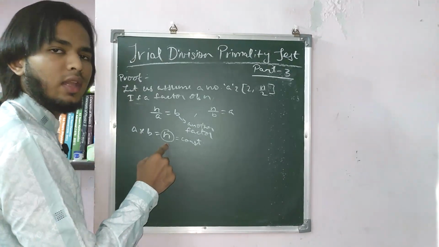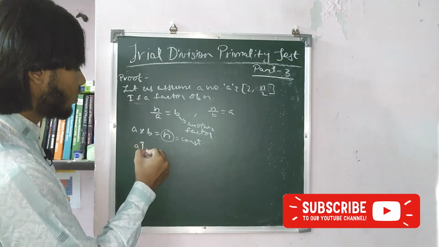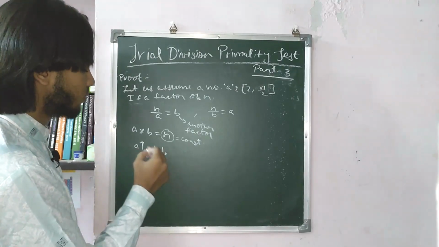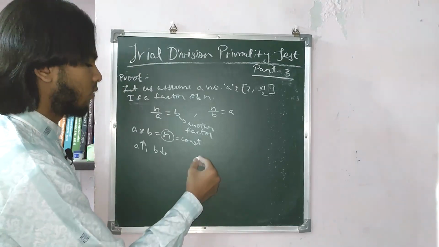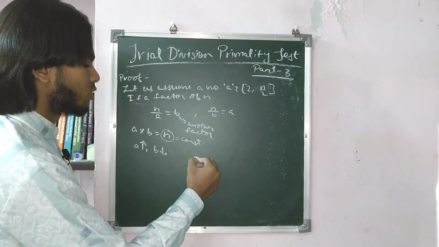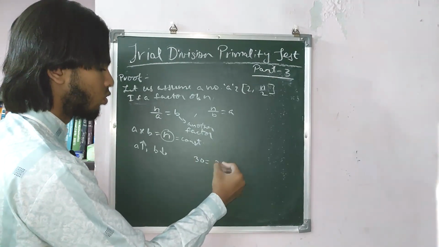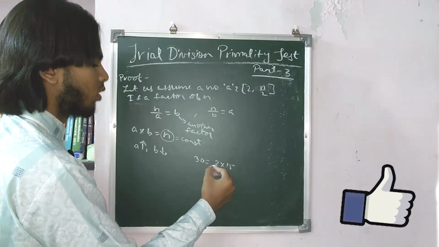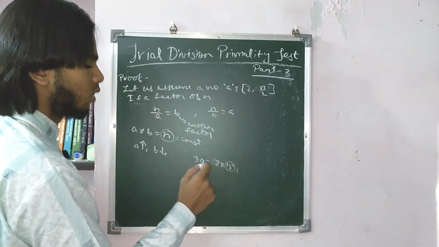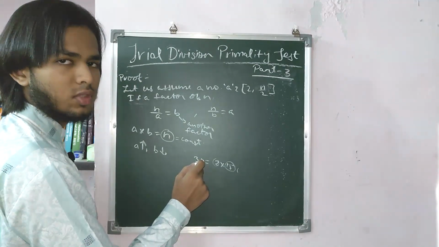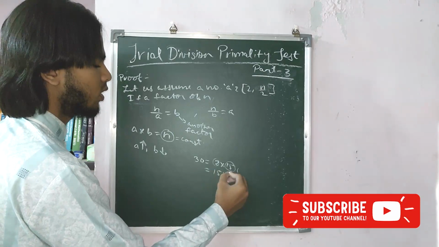that means n can only be produced when, if a increases, then b has to decrease. This is basic knowledge from our lower classes, that when we have to produce 30, we can produce it in 2 ways. That is 2 times 15. That means a is smaller, then b has to be bigger, so that the product comes out to be this much. And another way is 15 times 2.